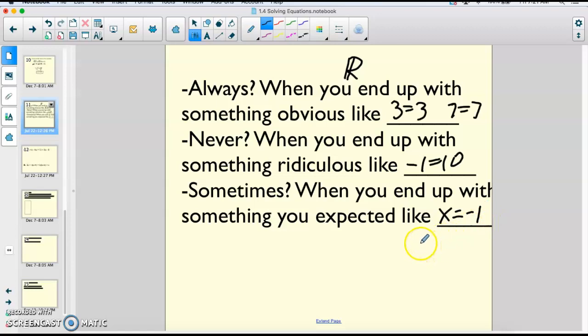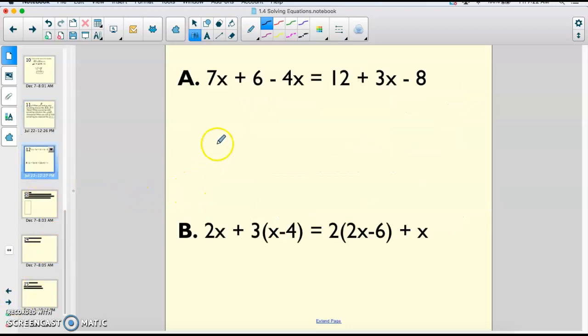Sometimes the number works. If you just threw out the number 7, that wouldn't work in this case. But if you picked negative 1, then yes, it does work. So sometimes the number will work if you get something that you expected. Usually it involves a variable like that.